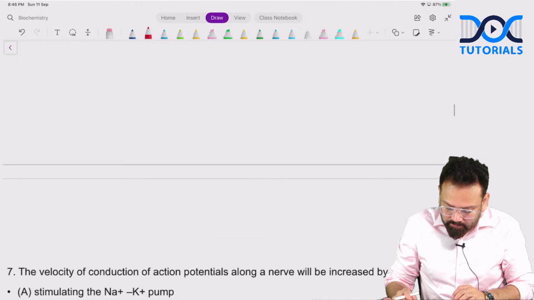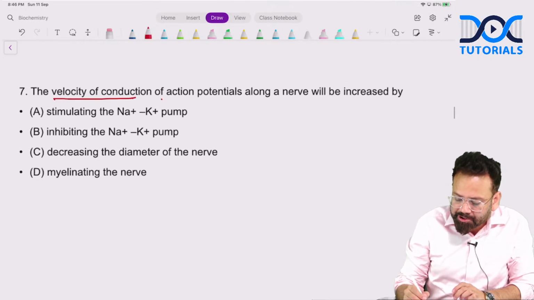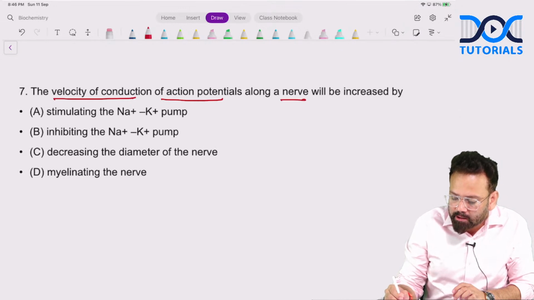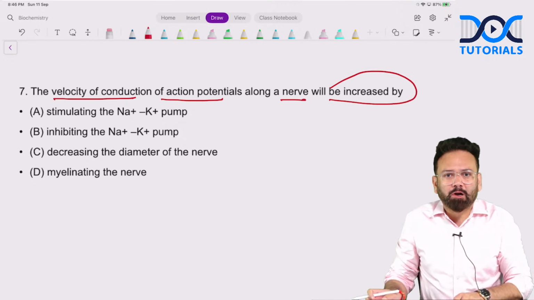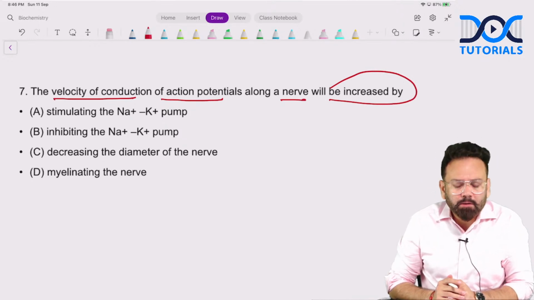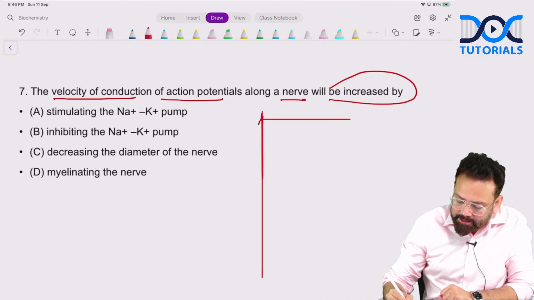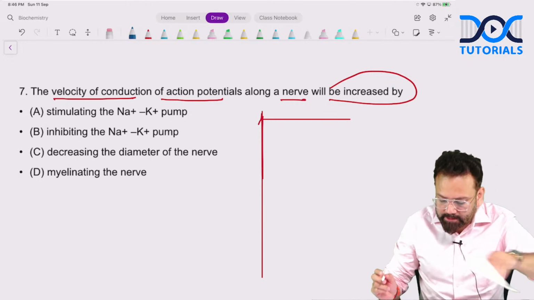Now, the velocity of conduction of the action potential along a nerve will be increased by. What are the factors that can increase the velocity of the action potential?